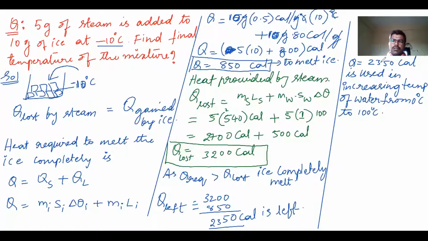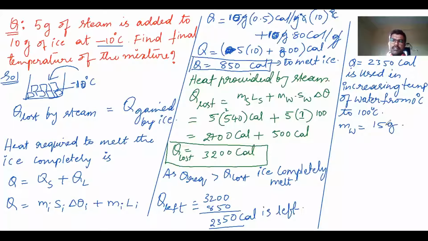Now 2350, this much amount of heat energy is left over there. Now what will be the total amount of water? Mass of the water will be 5 gram of steam getting converted into water at 0 degrees Celsius, and 10 gram of ice is also getting converted into water. Therefore, total mass of the water in the mixture will be 15 gram.